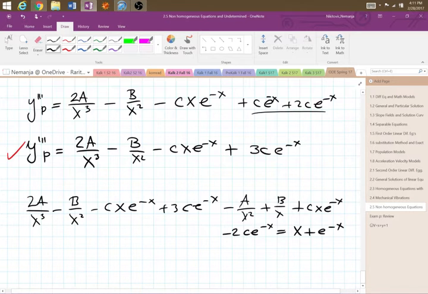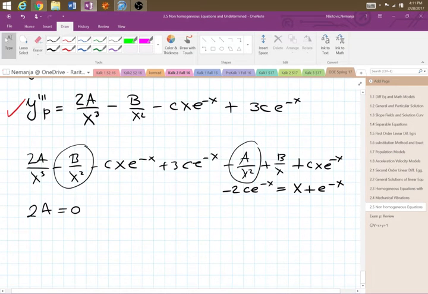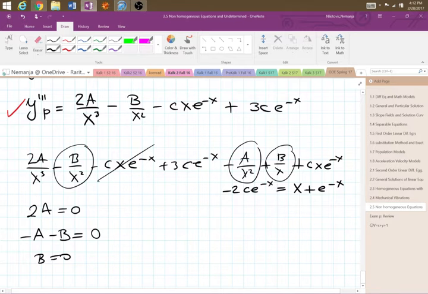So I have this term over x, so 2a equals 0. Then I have these two terms, which is minus a minus b, equals 0 as well. Then I have this term that is also 0. And then negative cx, these two terms cancel completely, right?